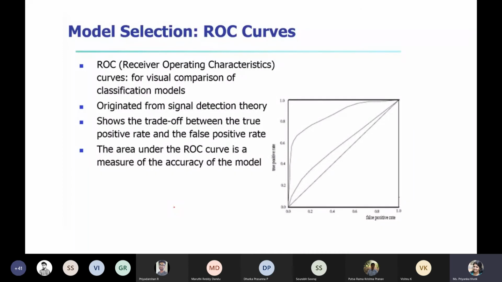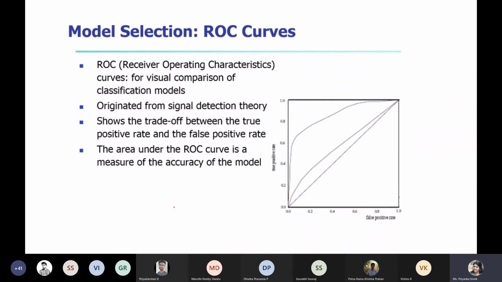So what happens is there is a diagonal line, actually, if you see, that is like a baseline. You should be having the ROC above that. Maybe we can say 50% accuracy should obviously be there, because when you toss a coin, even that would give a 50% chance, isn't it?